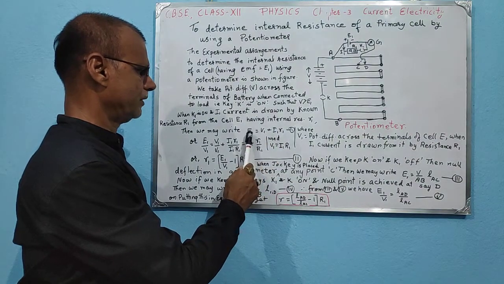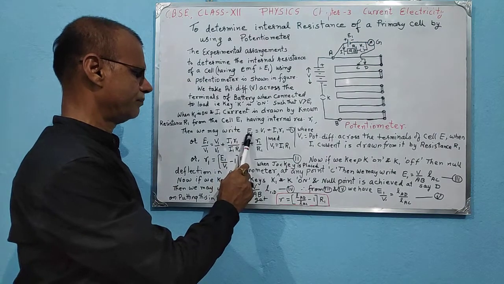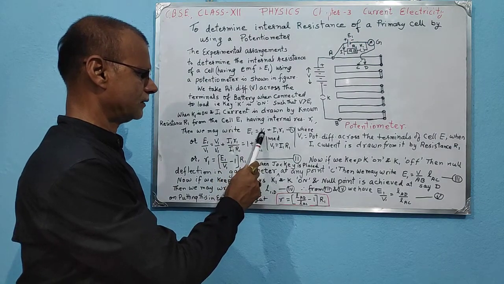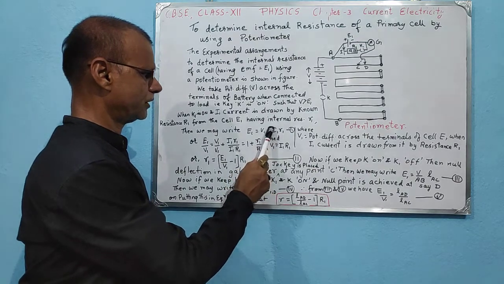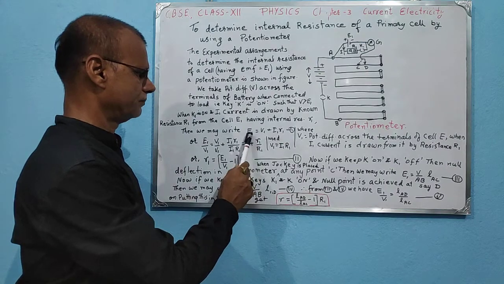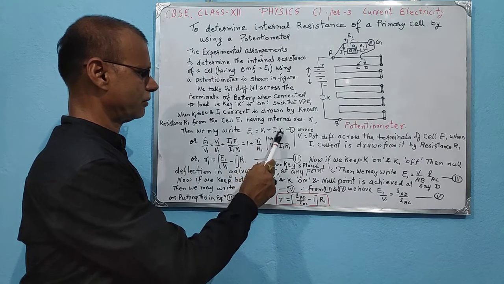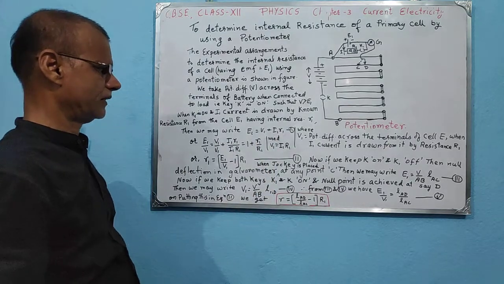It is based on the principle of conservation of energy. Total EMF must show up either as potential difference or as potential drop due to current flowing through the resistance. So here E1 is equal to the potential difference across the terminals of the cell plus the potential drop across the internal resistance of the cell.